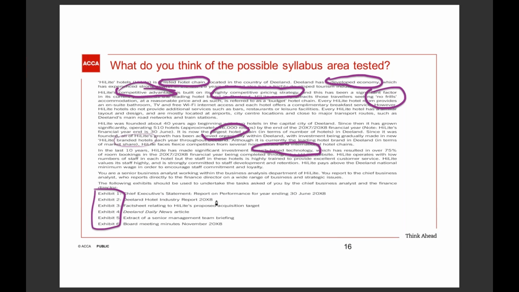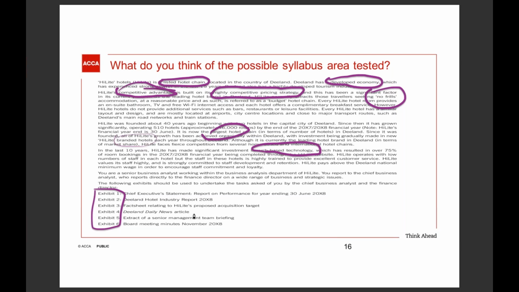Because by reading this overview, you wouldn't know yet what requirements are being tested here. But at least when you read, you are thinking they may ask this or that, so you have to start thinking from the beginning. And then this is the Dealand daily newspaper news articles.